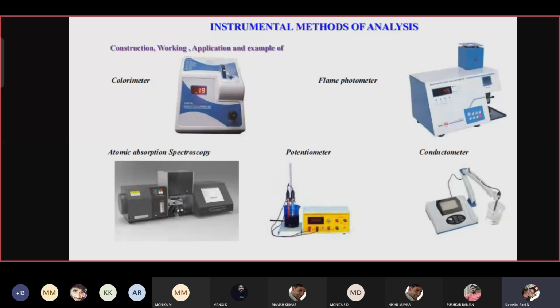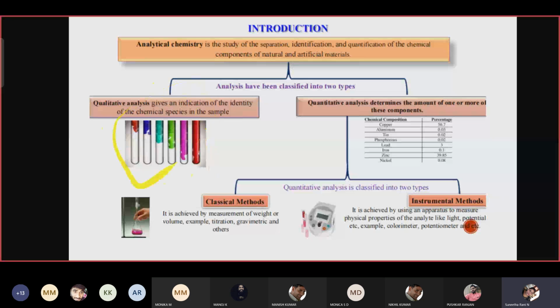Both use instruments to determine the compounds. In qualitative analysis, like colorimetry, with different color radiations and intensity of color, those experiments come under qualitative analysis.